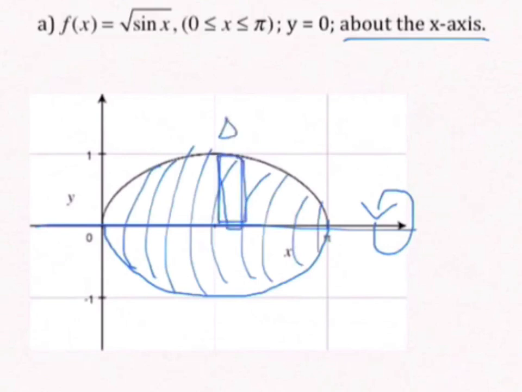Okay, and the width here is going to be delta x, and then the height of that rectangle is going to be r of x. So we do have the radius is going to be in terms of x, and the width will be delta x.